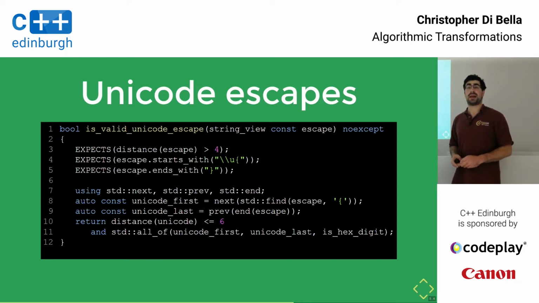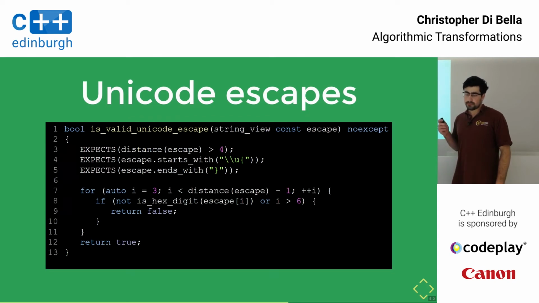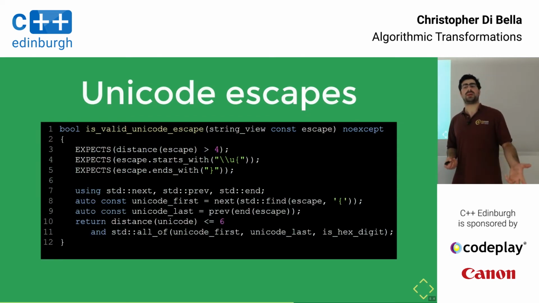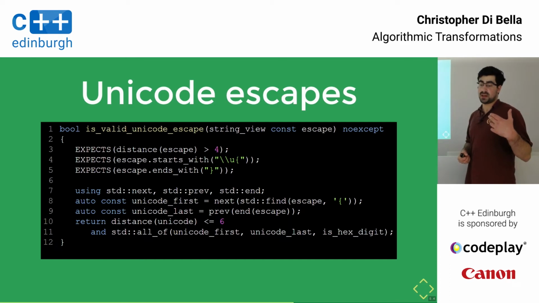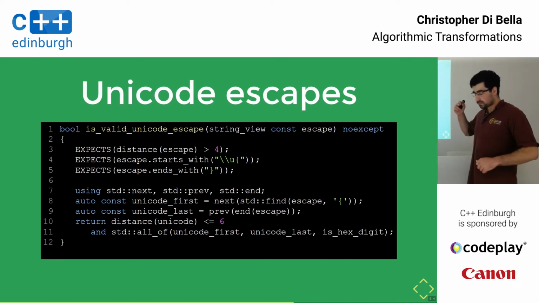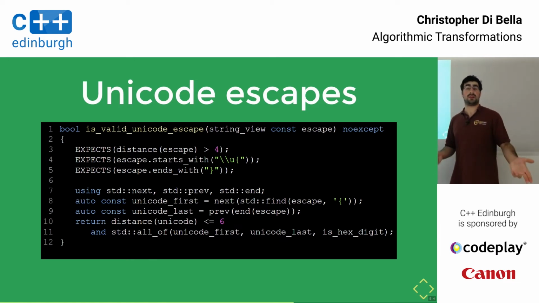We've essentially eliminated almost all the magic numbers that we had previously. And then we can check that the distance is at most 6 digits, because what distance does is it checks the number of elements between iterators is a certain number, and then we do our check with all_of. Are there any questions at this point?